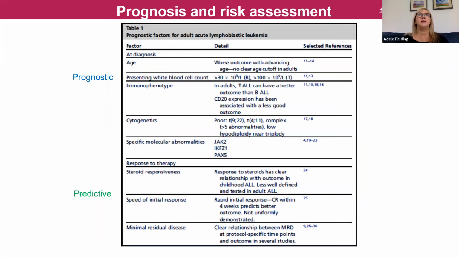In many cases, defining how we treat people by age is not a good idea, because age is not really a biological thing per se. But it is important to take into consideration. Generally, if patients have high presenting white cell counts, that can have a worse prognosis.